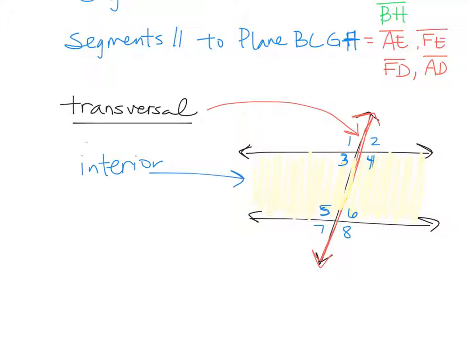So the exterior angles would be the ones on the outside. Can you see that up there? What I'm shading right now? Barely, huh? Should have made it a little darker.